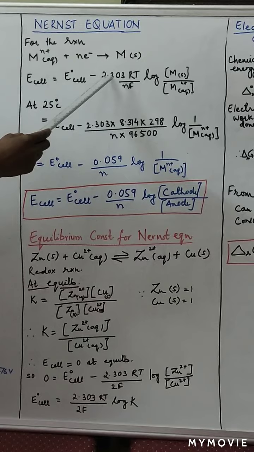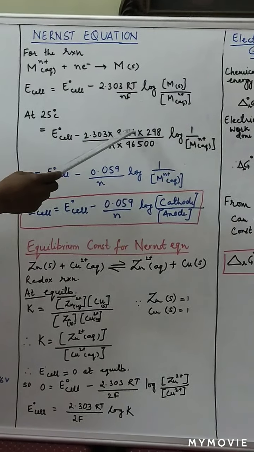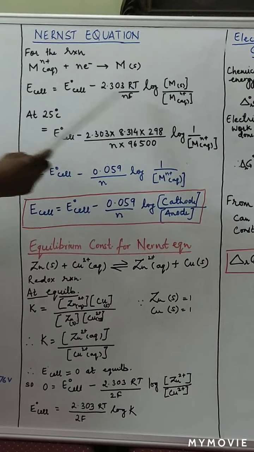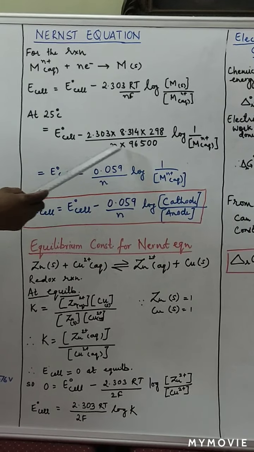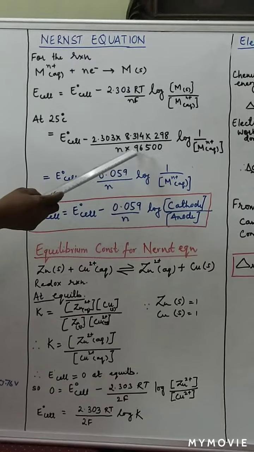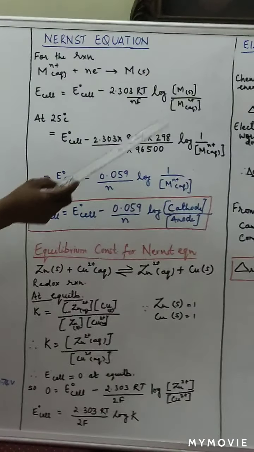So substituting the values, 2.303 into our value of gas constant, which is 8.314, into temperature, we have taken 25 degrees Celsius, that means 298 Kelvin, divided by n, where n is the number of electrons being exchanged, multiplied by 1 Faraday, that is 96500 Coulomb.